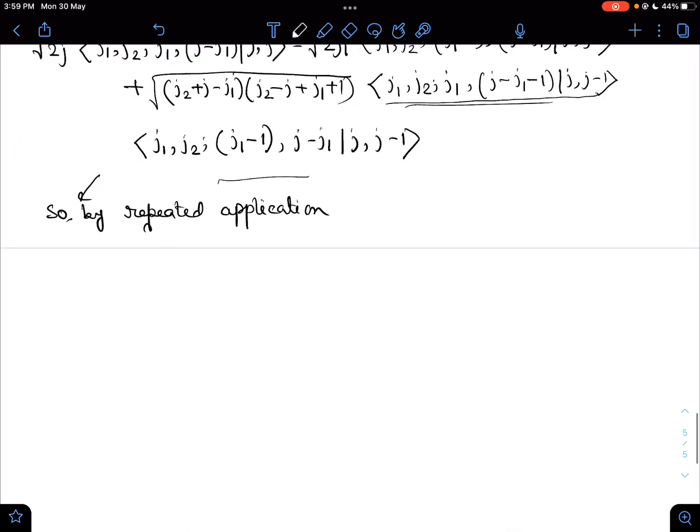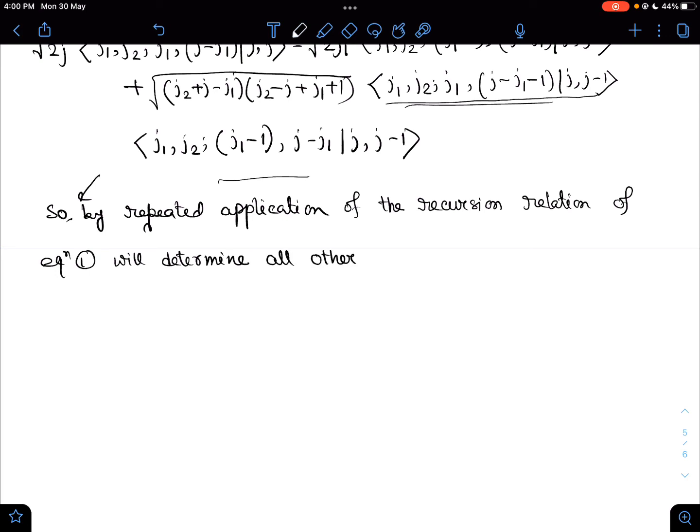So repeated application of the recursion relation of equation 1 will determine all other Clebsch-Gordon coefficients, provided we know only one of them.